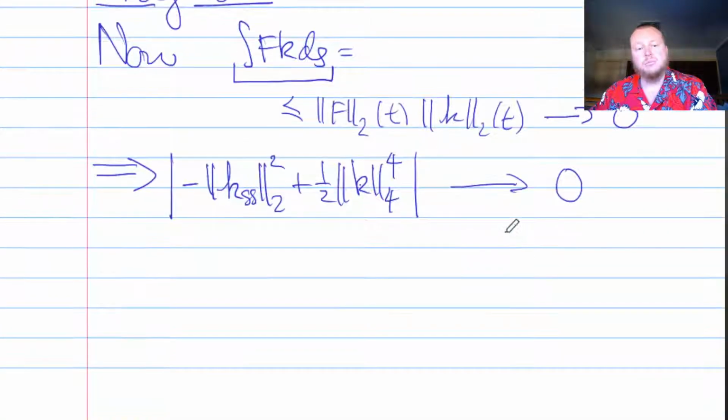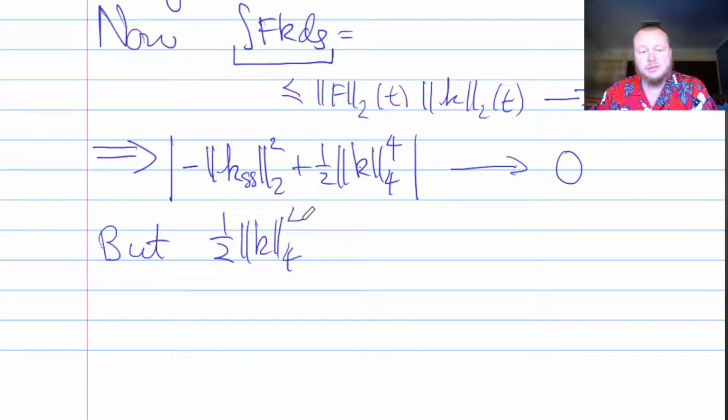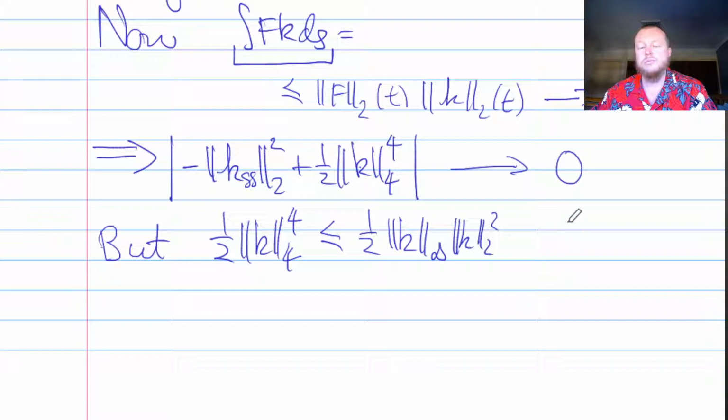Okay, but now we can do our standard sort of estimate to control this term in terms of this one. And we're going to find something interesting. Okay, 1/2 times k in L4. We use L infinity. We're going to take out 1/2 k in L infinity, and then that's going to be multiplied by k in L2.